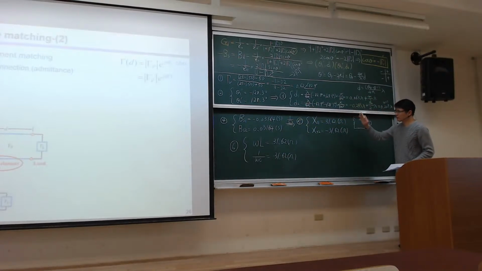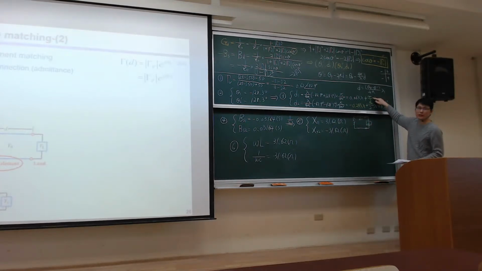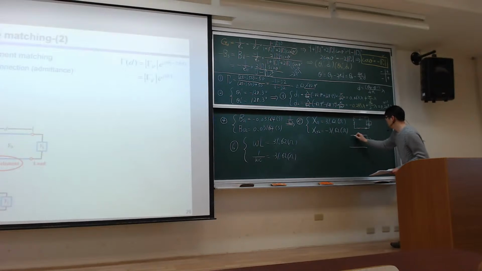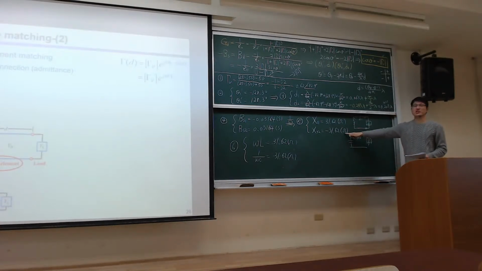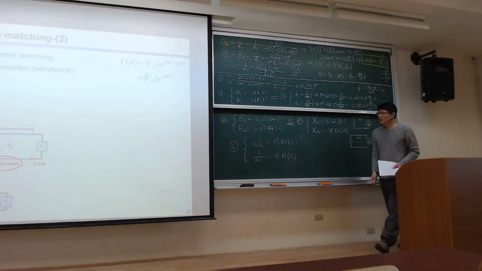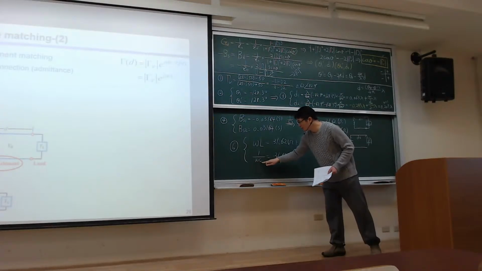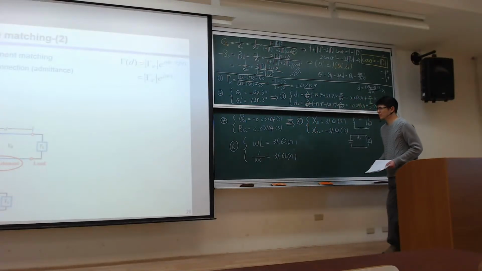So the first choice, at a distance D1, of course plus an integer multiple of lambda divided by 2, I can make a parallel connection of an inductor. For the second one, this is my load. At D2, I can make a parallel connection of a capacitor because it's negative, right? So I know that omega times L equals that, 1 over omega C equals that, okay?